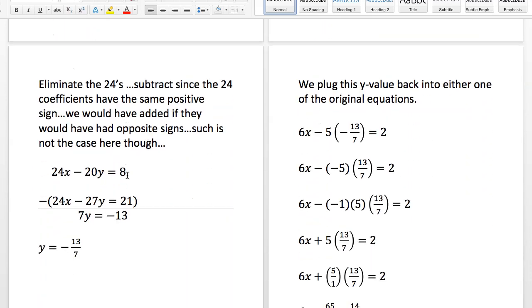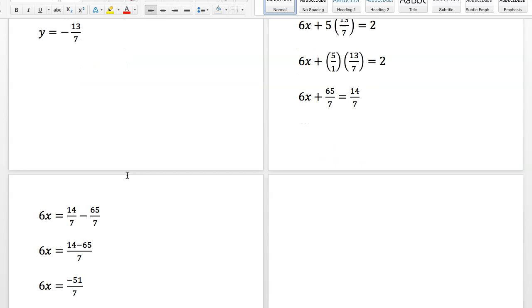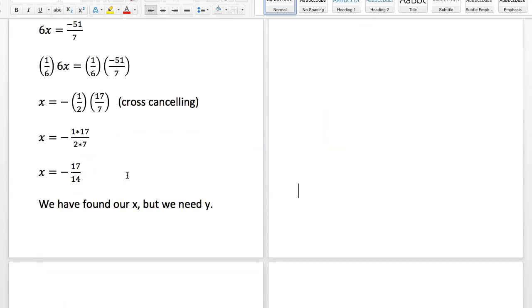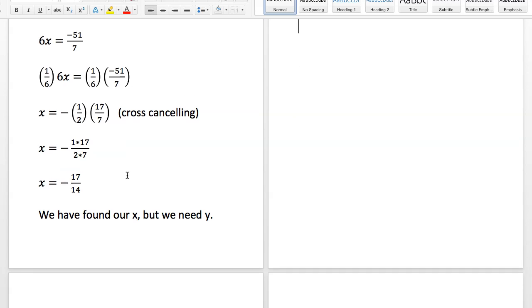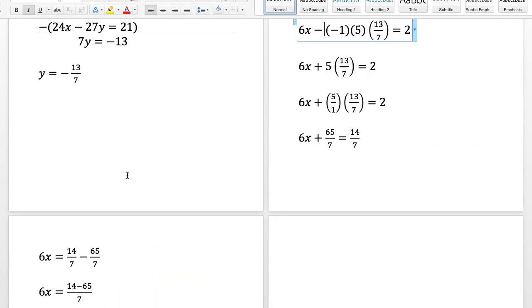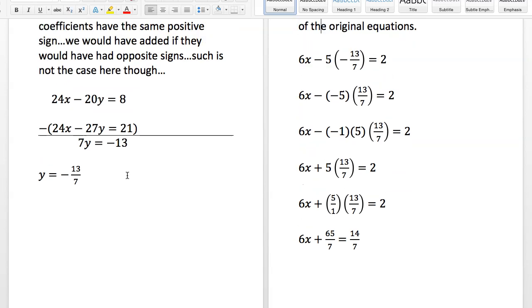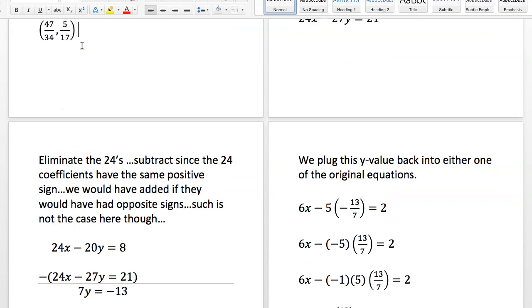I thought it'd be easy to go back and trace my steps, and boy, I was wrong. Okay, so neg 17 over 14. We got our x. Now I'm going to lose my momentum. Where's y? Y was neg 13 over 7. Okay, I remember now. So y was neg 13 over 7 from a long, long, long time ago.